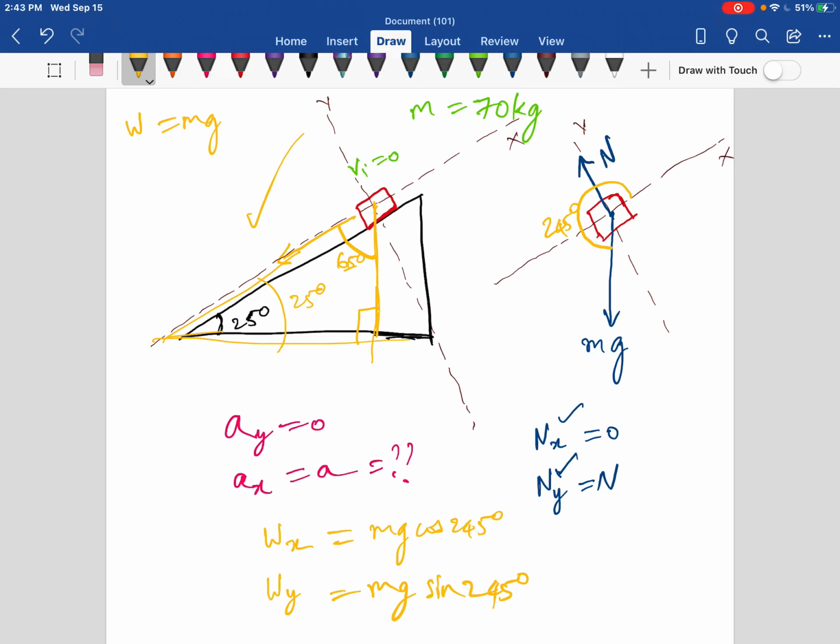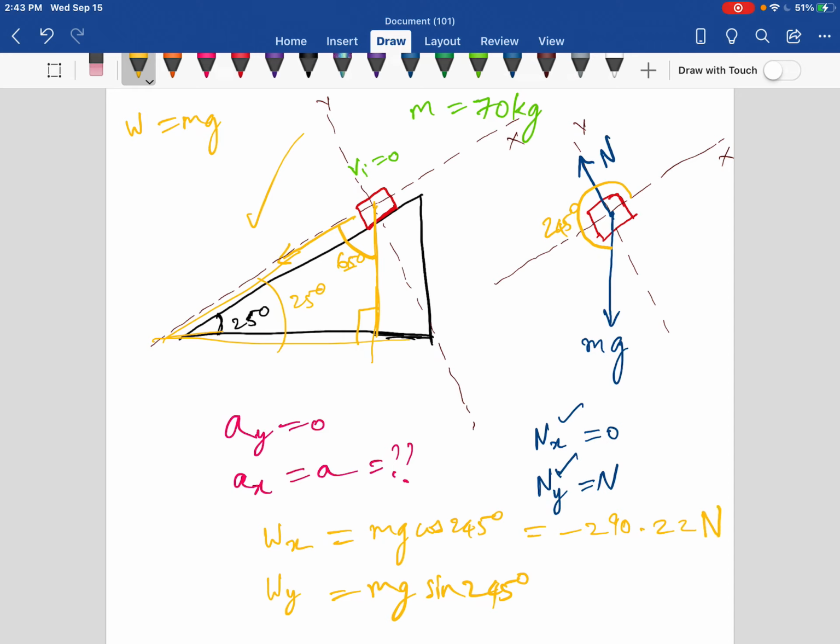Cosine 245 degrees. I have a negative value, which absolutely makes sense. And then I have to multiply this with 9.81 times 70. So I have a value over here of negative 290.82.